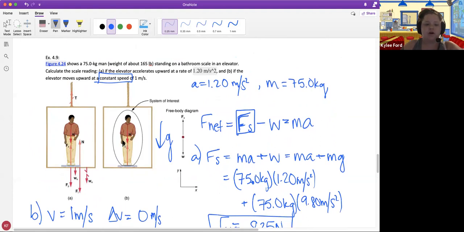So we know our force here is the force of the scale on the person, pointing up towards the guy. And that is what we were solving for, aka, how much does this guy weigh on the scale in an elevator?